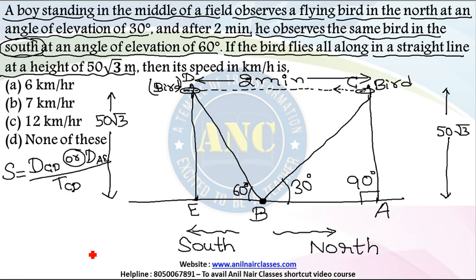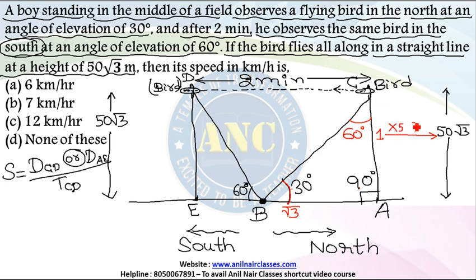Now, the same logic as I was doing earlier. This is 30 degrees. This is 60 degrees. So, this should be 90 degrees. Opposite to 30, if I assume it as 1, opposite to 60 will be root 3. That means the BA value will be root 3. But according to the question, it is not root 3. According to the question, it is 50 root 3.